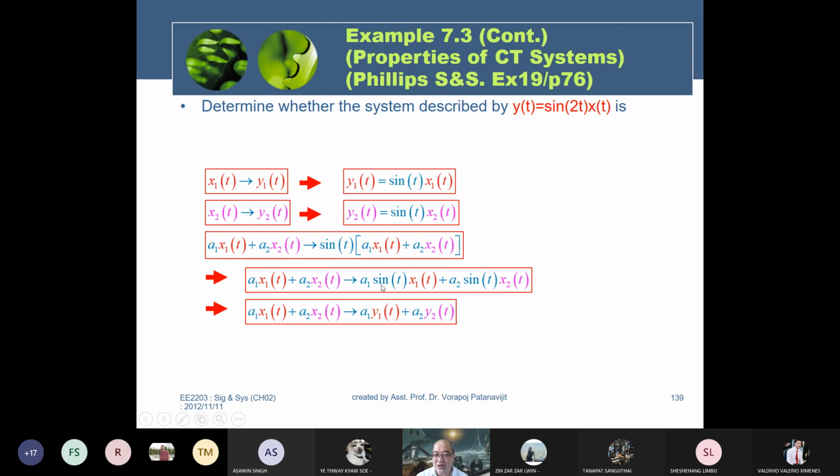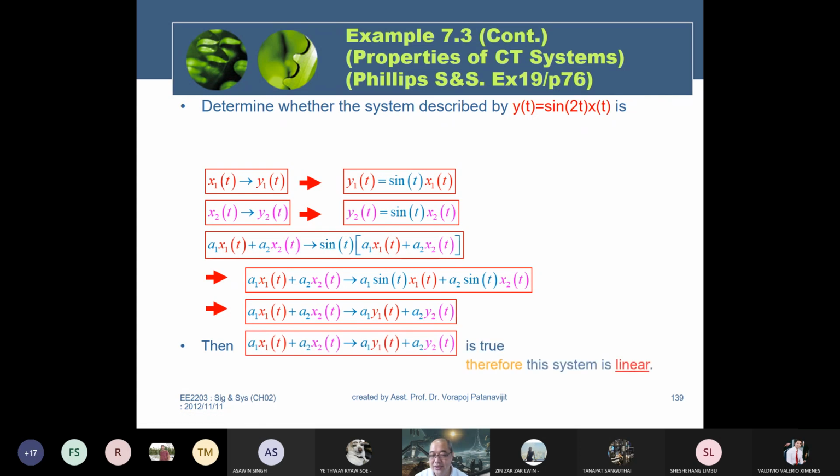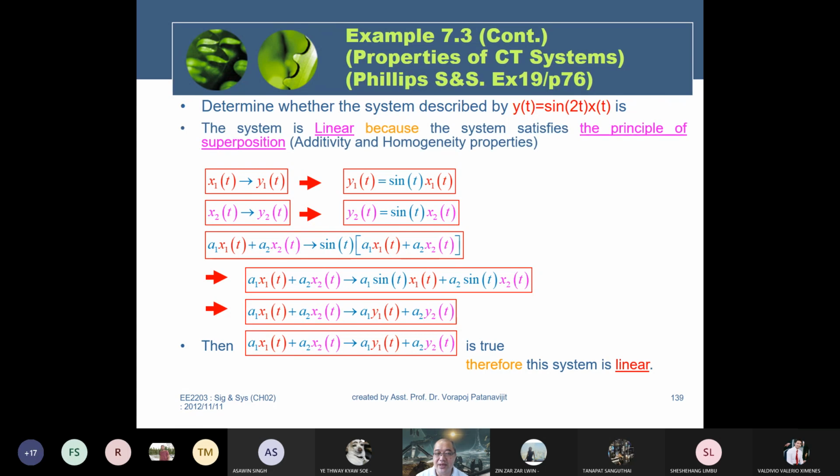After you expand, psi(t) x1(t) gives you y1, psi(t) x2(t) gives you y2, and you can conclude that the response to x1 plus x2 equals y1 plus y2. Taking the summation, you can state that this equation is true. Therefore, the system is linear, because the system satisfies the superposition property of additivity and homogeneity.